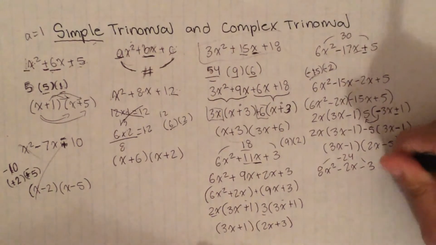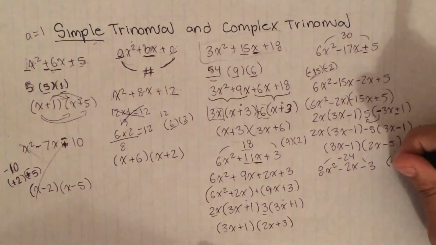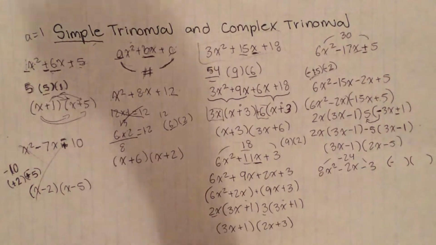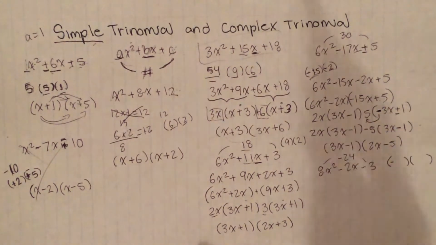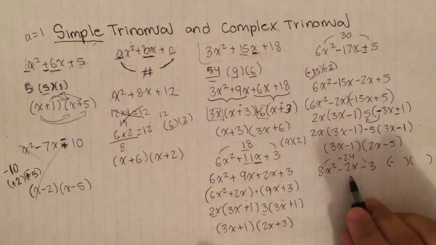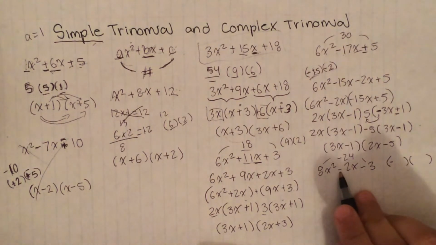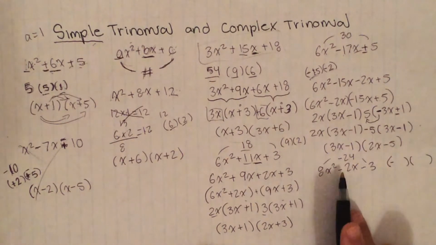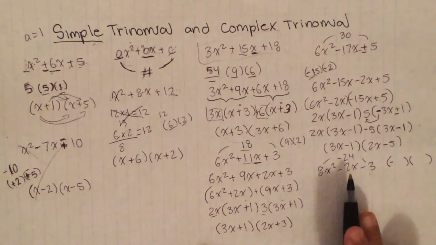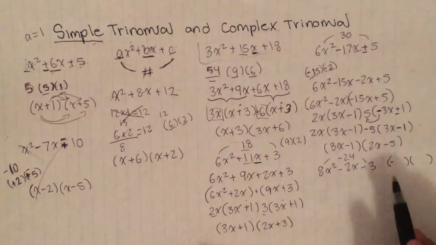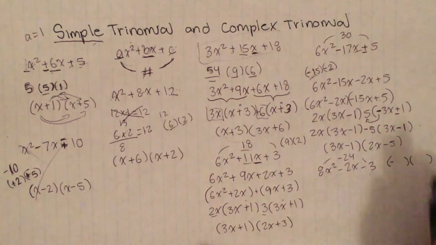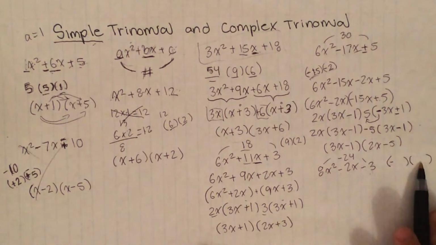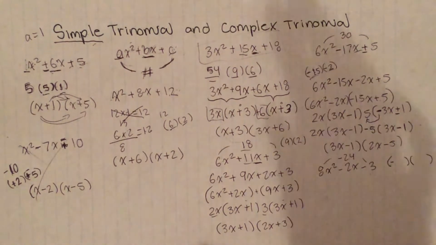Since C is negative, one of our numbers is going to be negative and the other positive, because a negative number times a positive gives you a negative. Another tip for B: since B is negative, the negative number is bigger than the positive one. I'll show you in just a second.